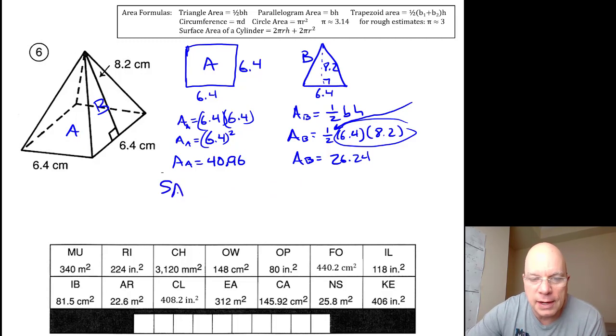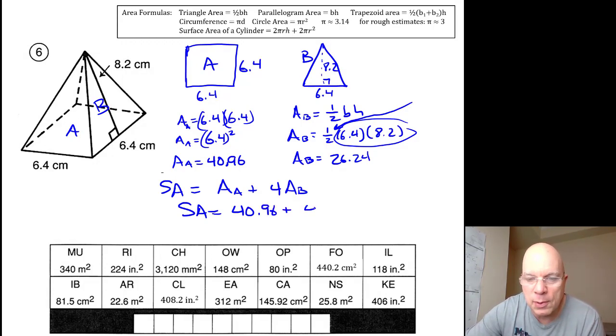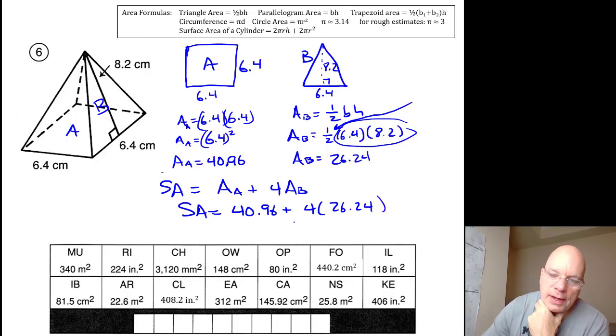If you do it the way I just did it, it's 1 area A plus 4 area B's. And so you get 40 and 96/100ths plus 4 multiplied by 26 and 24/100ths, which is actually not all that hard because 4 25s is 100.